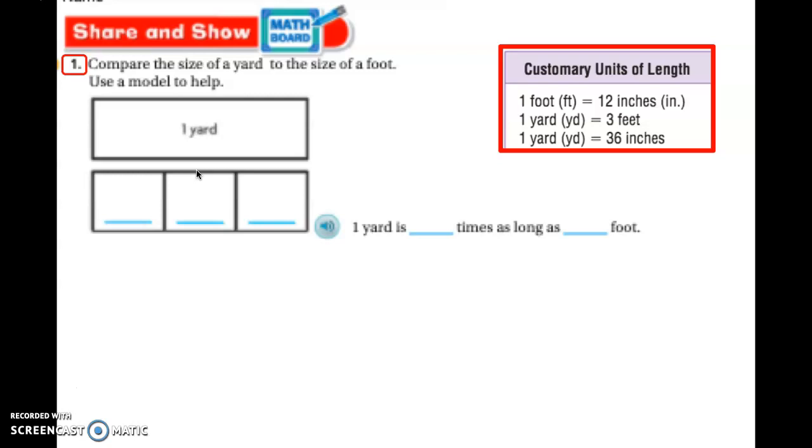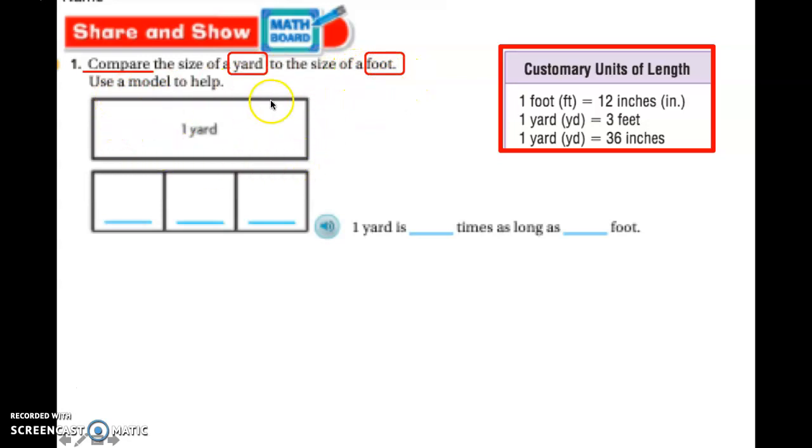Let's try one more problem. Let's take a look at the share and show. Number 1. Compare the size of a yard to the size of a foot. Use the model to help. And I'm going to use my customary units of length reference box. So I know I'm comparing yard to a foot. Here's my yard.